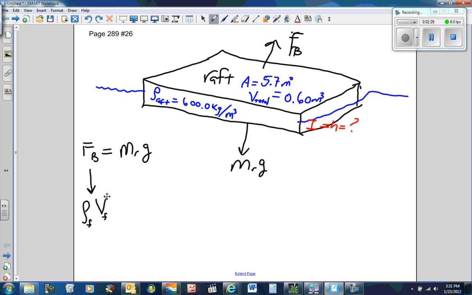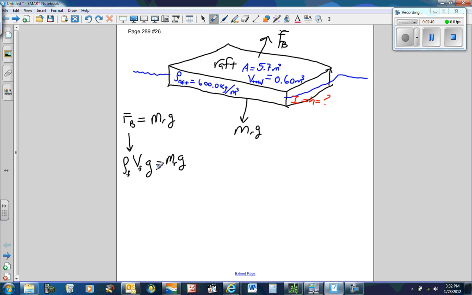That's kind of what we're looking for. Times G, that's all buoyancy, and that is going to equal mass of the raft times G. Now you can already see that our gravities are going to divide out. So we can go ahead and divide those out. We won't need them since they're on both sides.